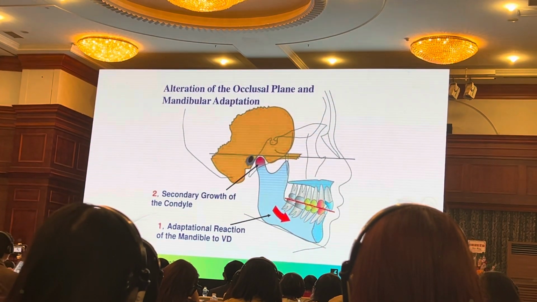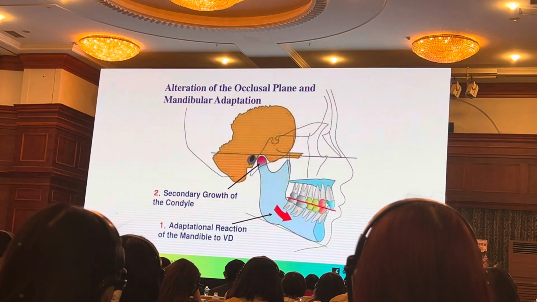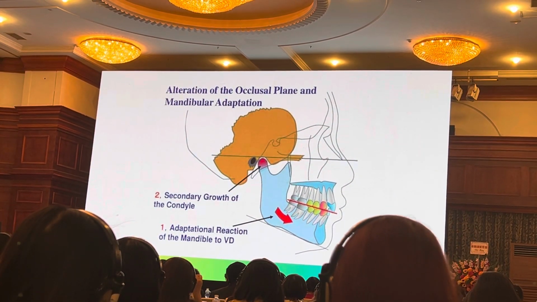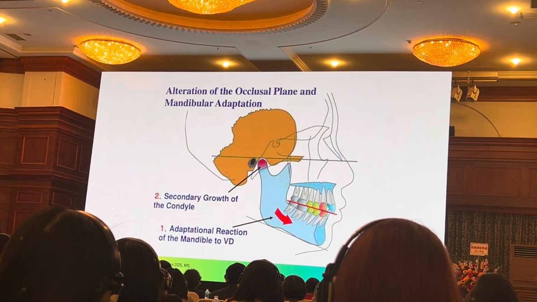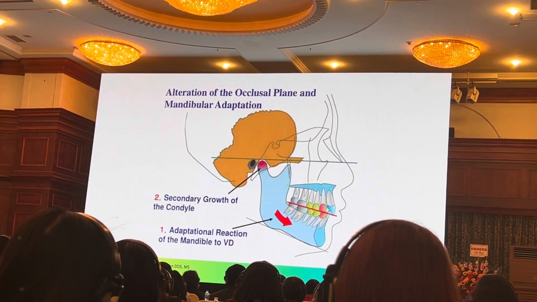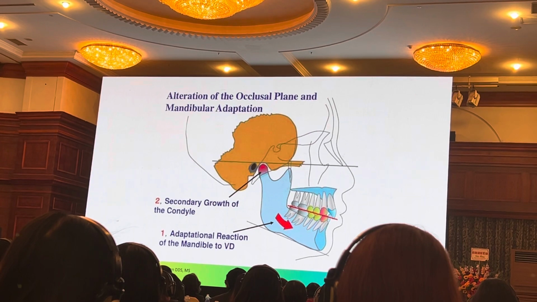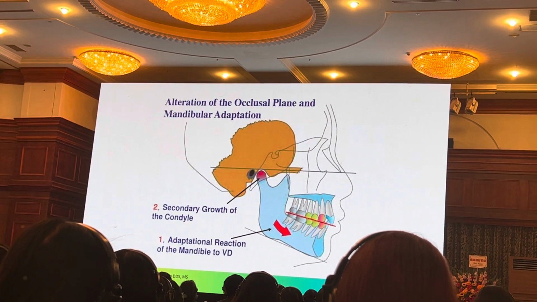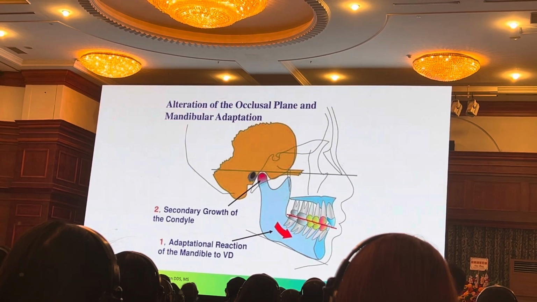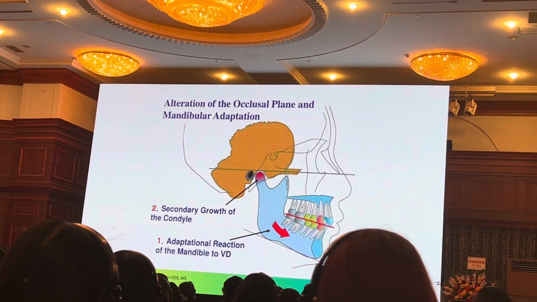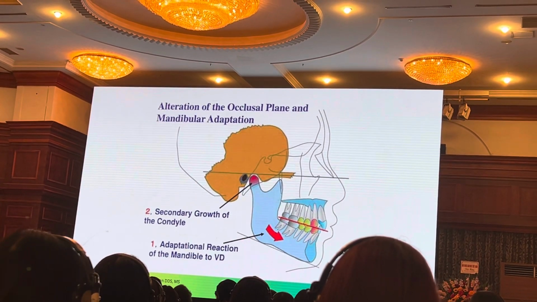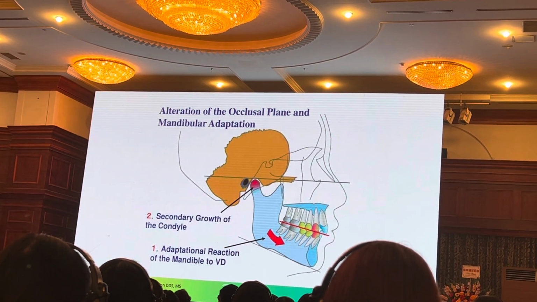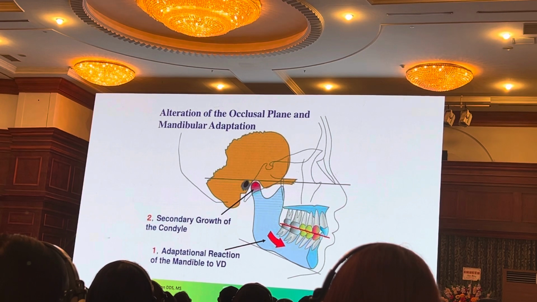We also have to keep in mind that the condyle is a secondary growth center. The secondary growth center is capable of adapting throughout life. Okay, so it means that even when I have an adult patient, if I introduce some change in occlusion, the mandible will adapt, the condyles will adapt, in a good manner or in a bad manner.